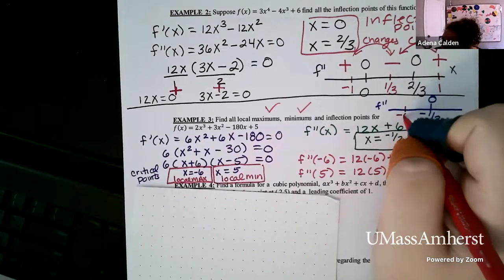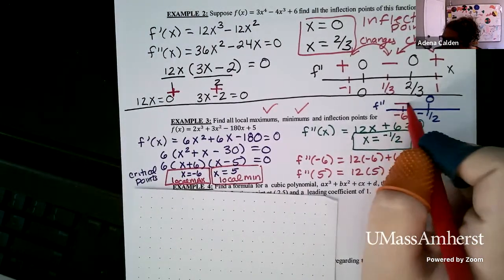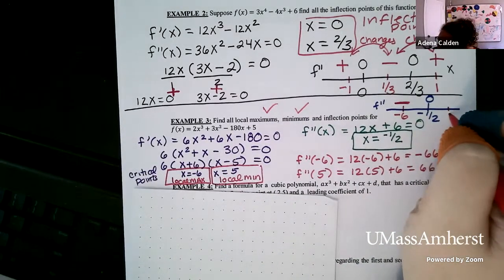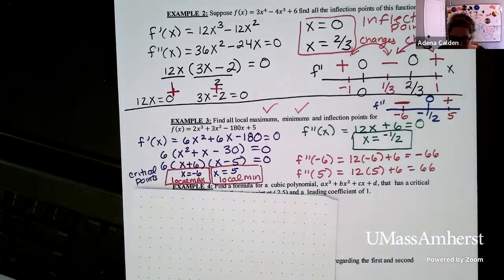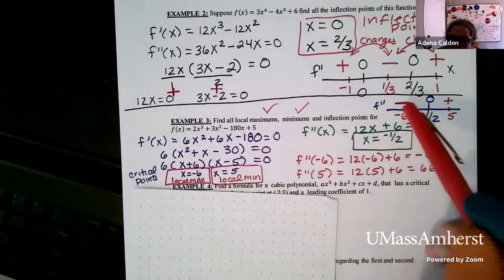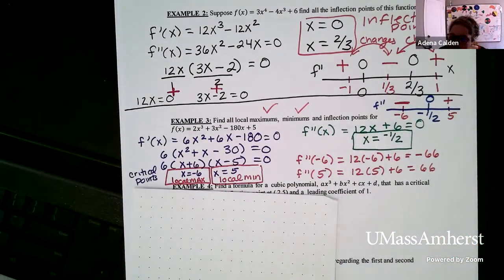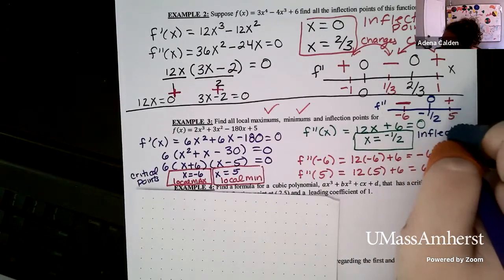So -6 is to the left of -1/2 and we found that to be negative. And then +5 is to the right of -1/2 and we found that was positive. So I'm able to use the same values that I used to classify to also check my inflection point, right? And I see that it does change signs, so it is indeed an inflection point.